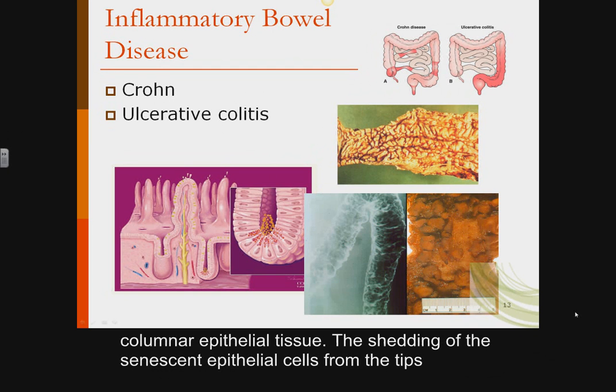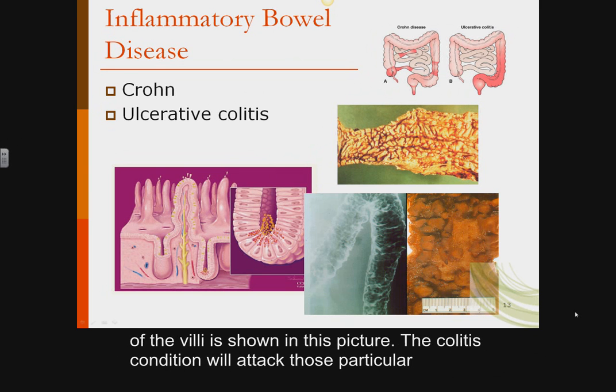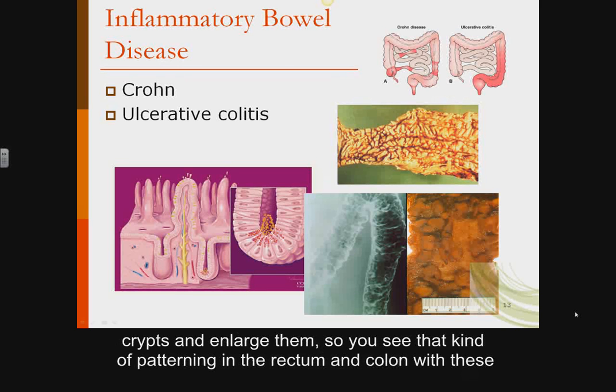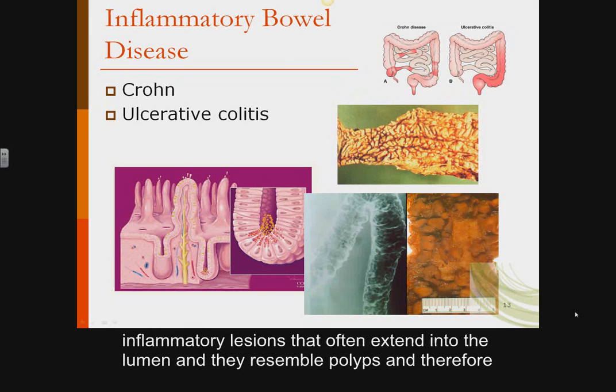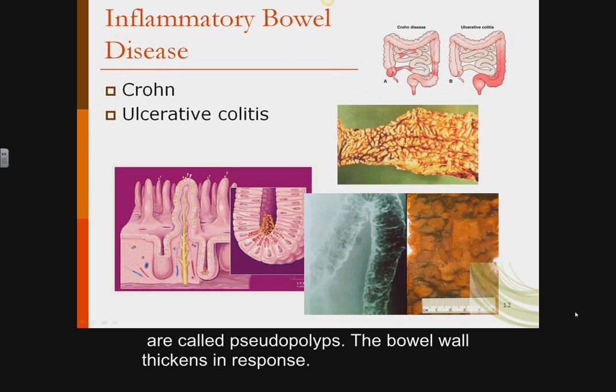The shedding of the senescent epithelial cells from the tips of the villi is shown in this picture. The colitis condition will attack those particular crypts and enlarge them. So you see that kind of patterning in the rectum and colon with these inflammatory lesions that often extend into the lumen, and they resemble polyps and are therefore called pseudopolyps. And the bowel wall thickens in response.